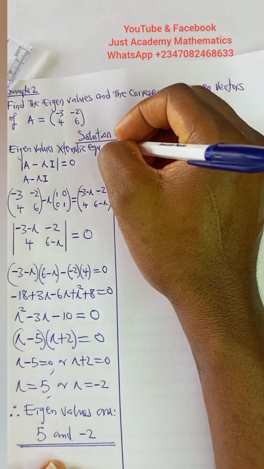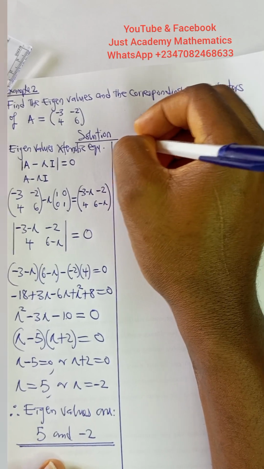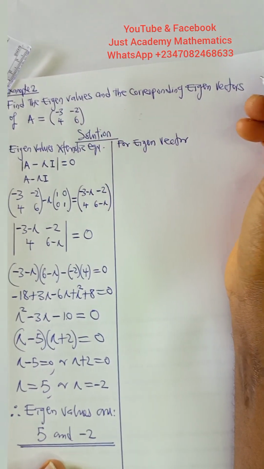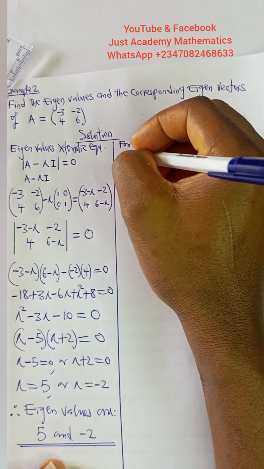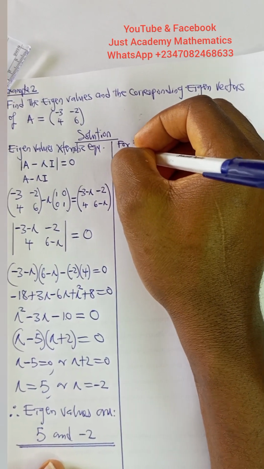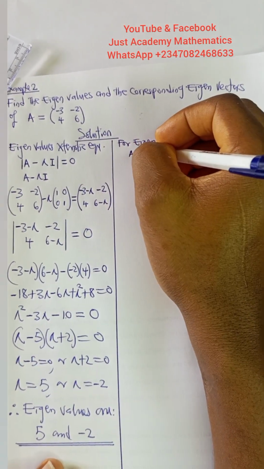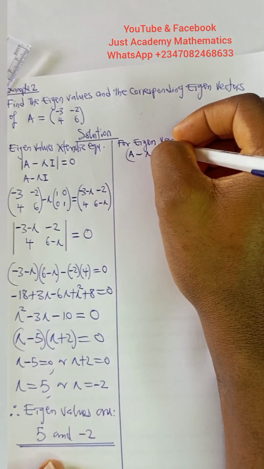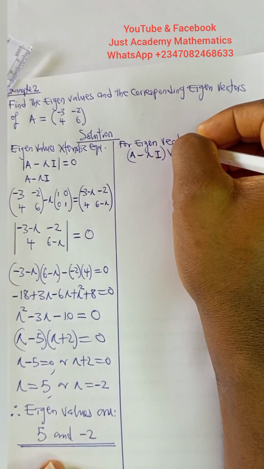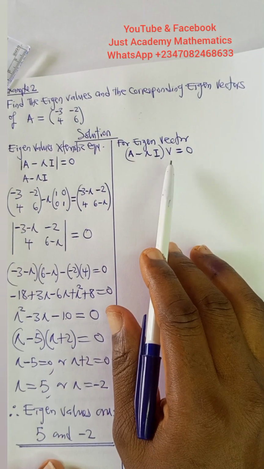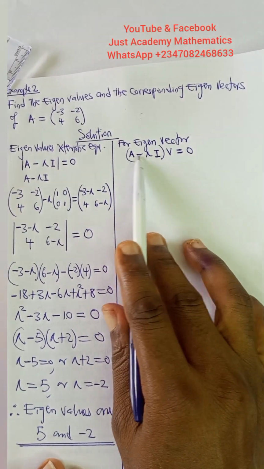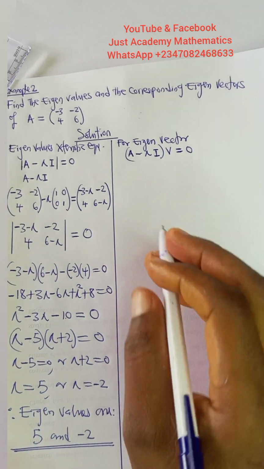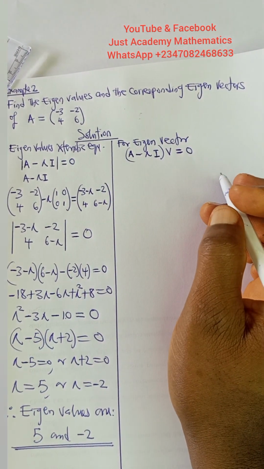First, remember that for eigenvector, what is the eigenvector equation? That the matrix A minus lambda times identity times the vector must always be equal to what? 0. So whatever is V times this expression here will always give you 0. That is the eigenvector, where V stands for vector.